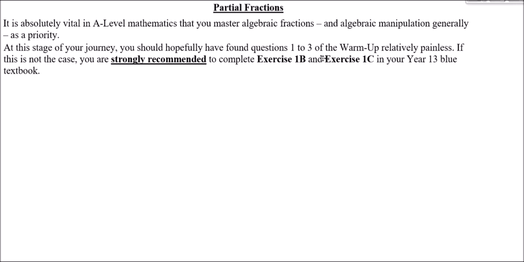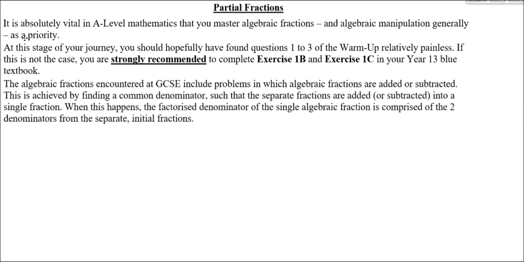So if you've struggled with questions 1 to 3, I'm not saying panic, but in the nicest possible way, get brushed up as soon as possible with your algebraic manipulation skills. We can't dawdle with such a big course. So if you have struggled with those, try 1B and 1C as a priority before you do the suggested exercises, which I'm going to mention at the end. Assuming though they are more or less okay, let's go forward and talk about the partial fractions.